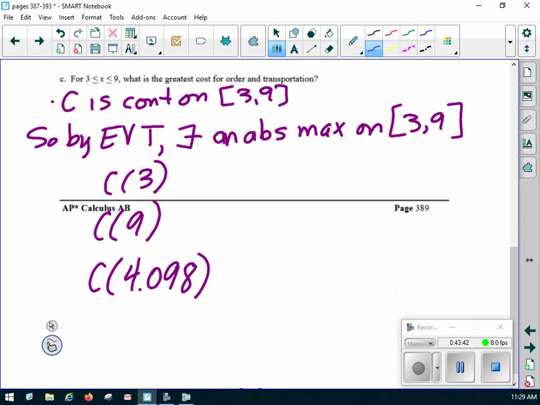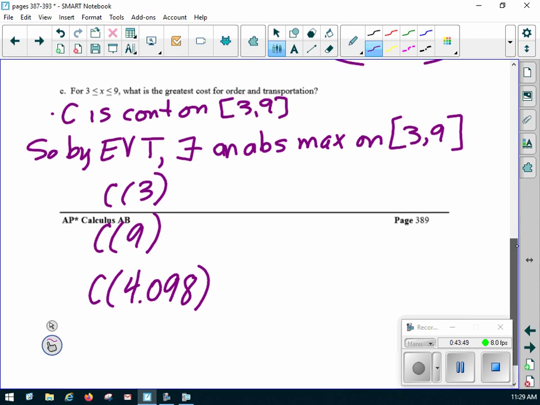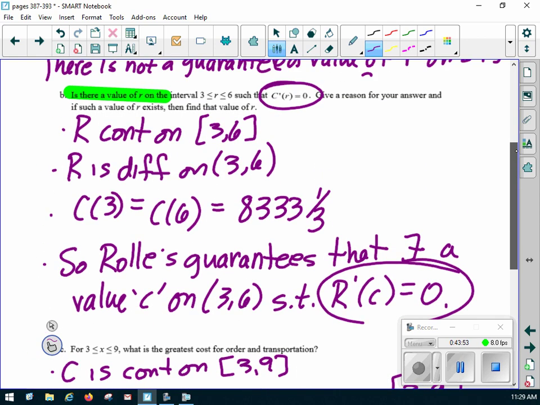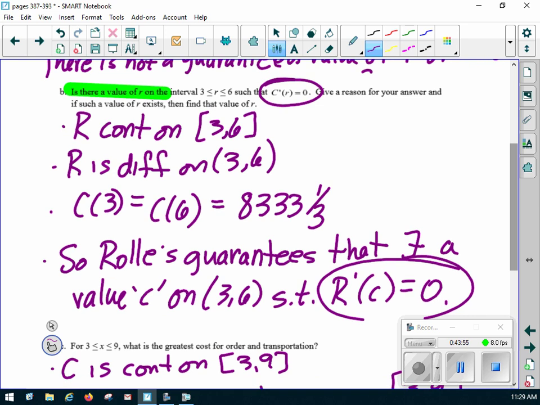Remember, where do extreme values exist? Either at the endpoints or anywhere where the derivative was 0 or undefined. So, the derivative of 0 between 6 and 9. Oh, I see what you're saying. You're right. We need to see if that derivative equals 0 anywhere between 6 and 9. You're right about that. So that's my bad.